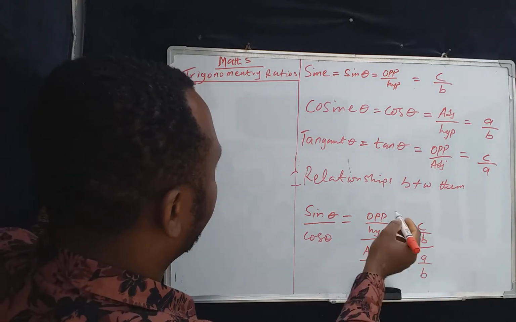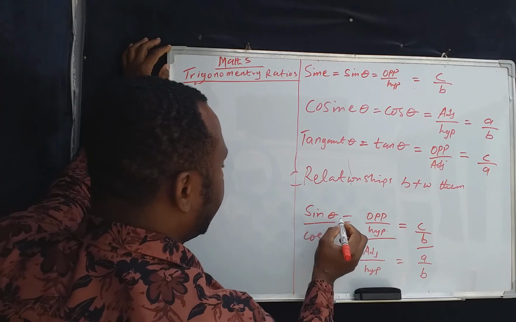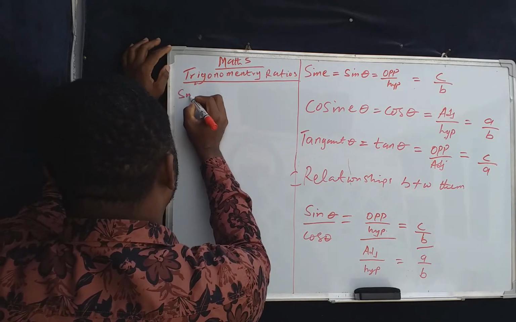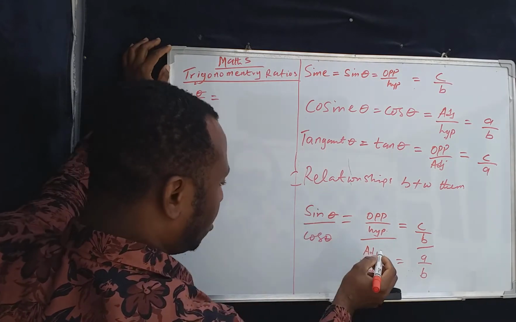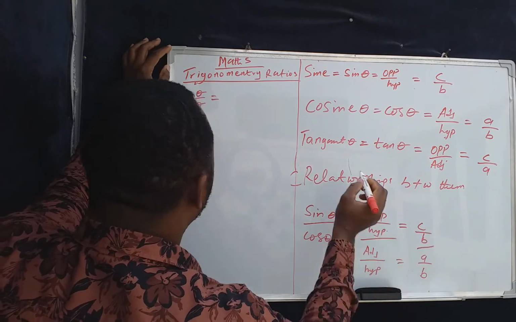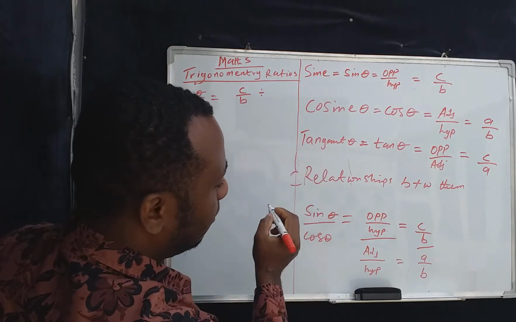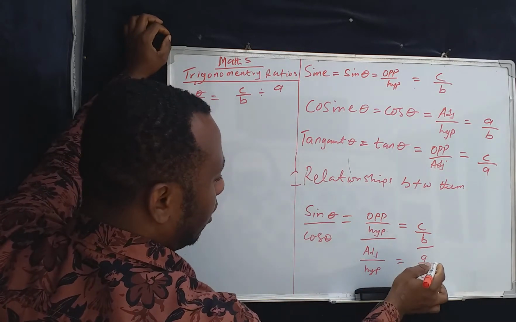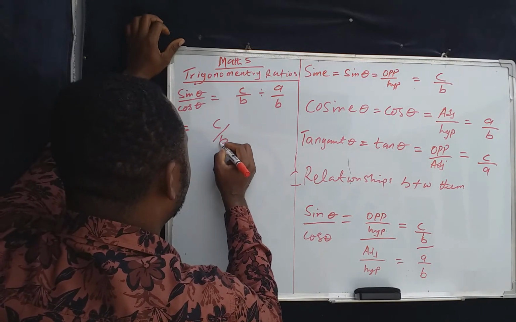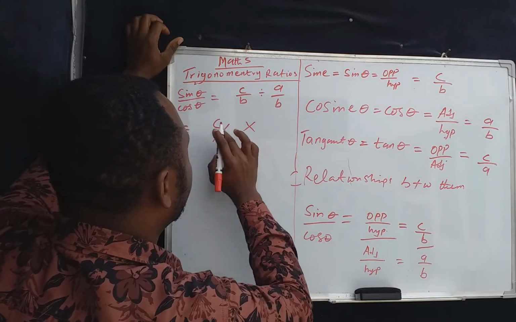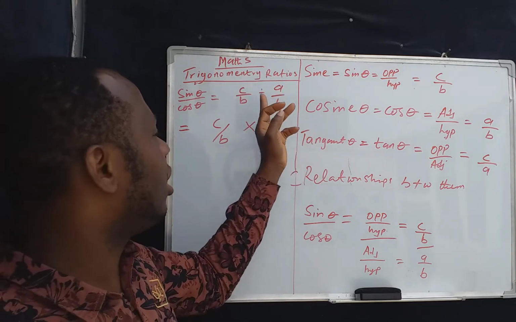Now, sine theta over cos theta equal to C over B divided by A over B, which is equal to C over B multiply, when division turns to multiplication, the downside goes up and the up one comes down.